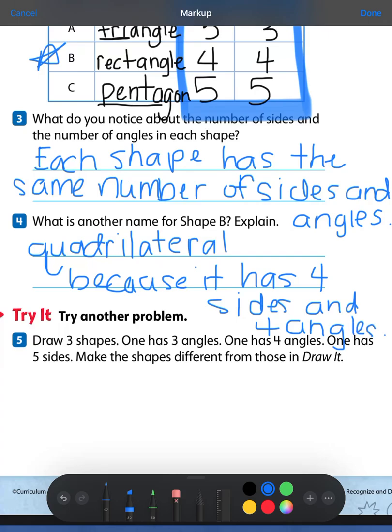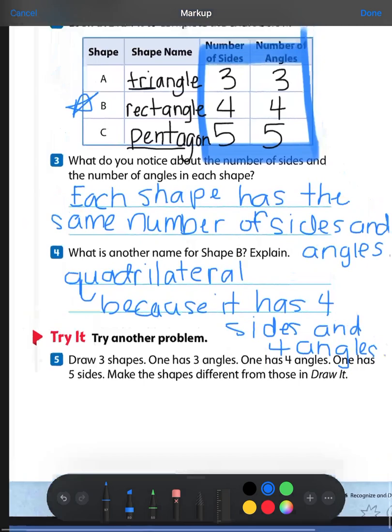All right, let's go down to the try it on number 5. Try another problem. Draw 3 shapes. One has 3 angles, one has 4 angles, one has 5 sides. Make the shapes different from those in the draw it. On this part, your drawings do not need to be exact, but you should try to make the sides as straight as possible.